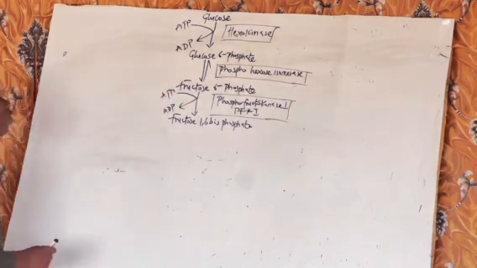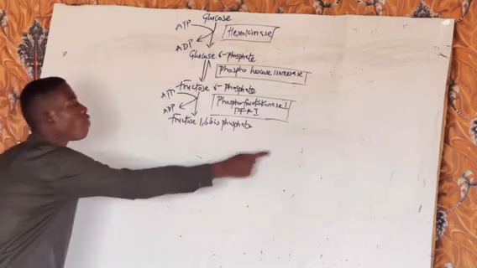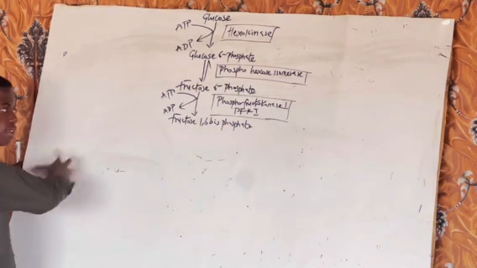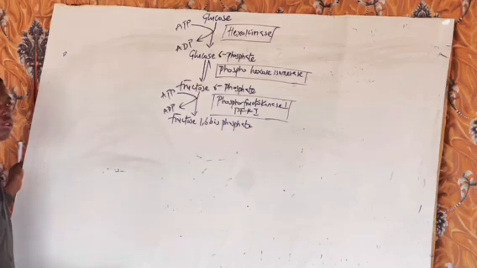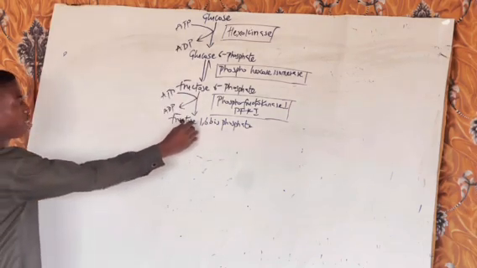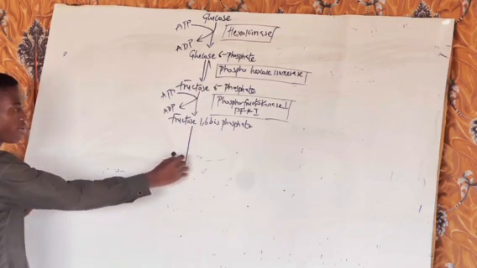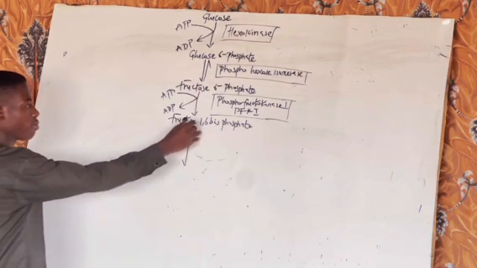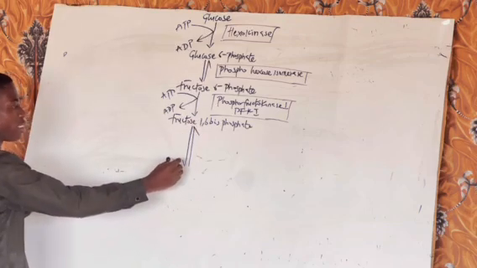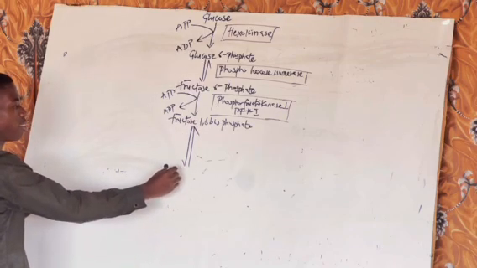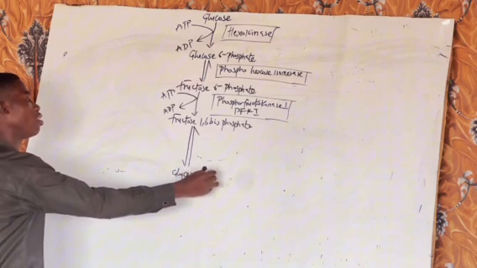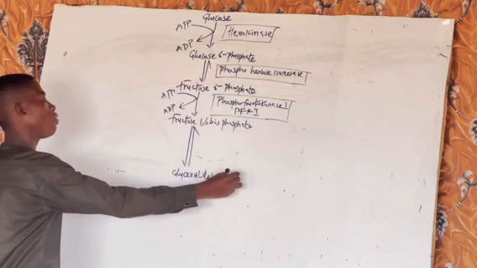So now, in the splitting phase, fructose 1,6-bisphosphate is converted to 2 phosphotrioses. So we have something like this. We have glyceraldehyde 3-phosphate.